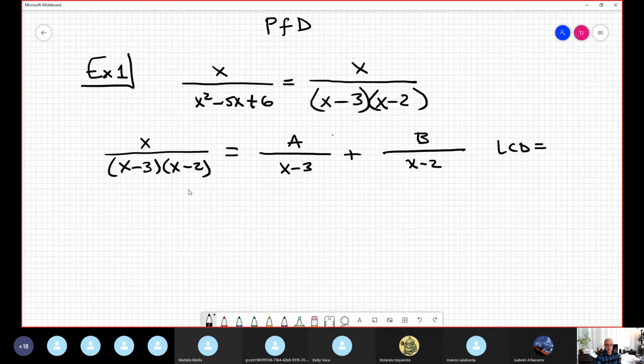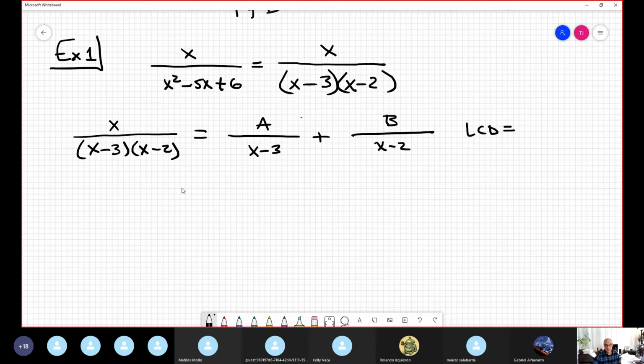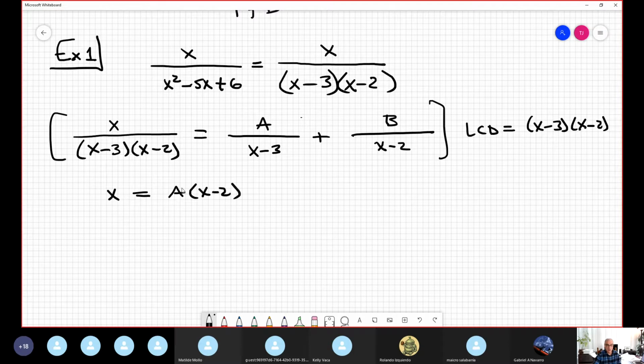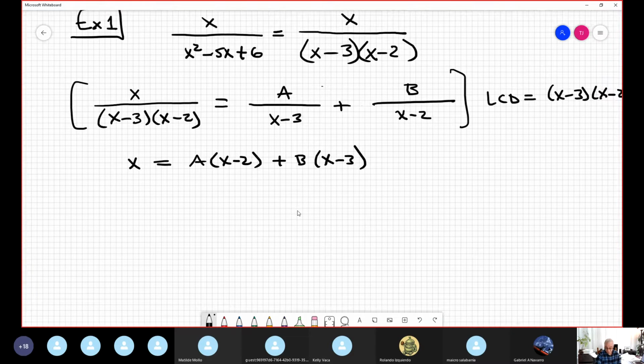It's classical in algebra: when you have fractions and you want to clear them, you multiply the whole thing by the LCD, which gives (x minus 3) times (x minus 2). When you multiply everything one by one, left and right, this is x alone, this is A(x minus 2), and this is B(x minus 3). And no fraction anymore. Super.